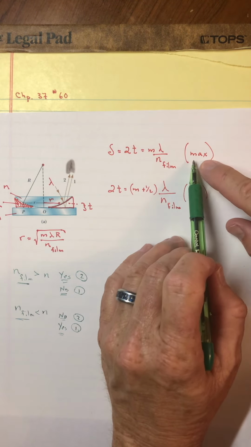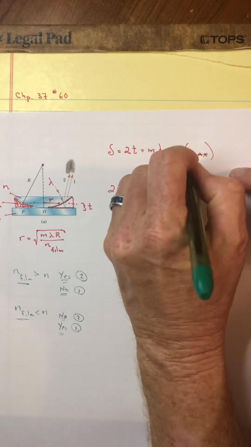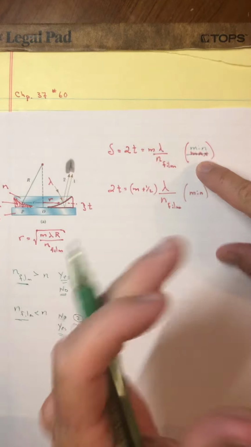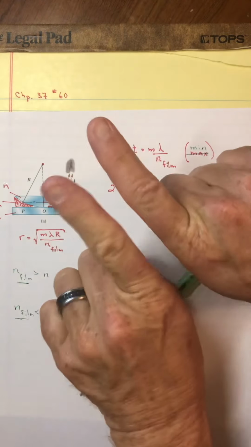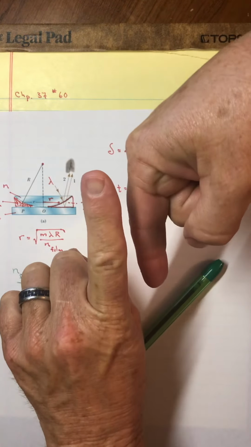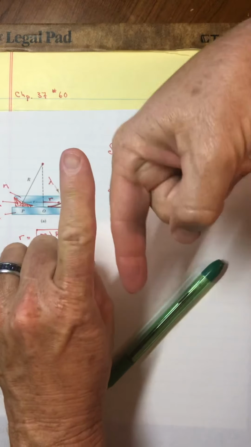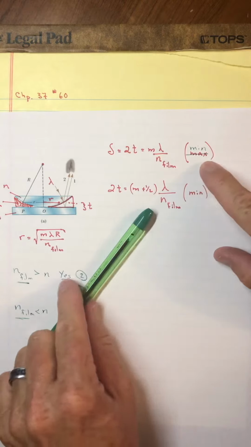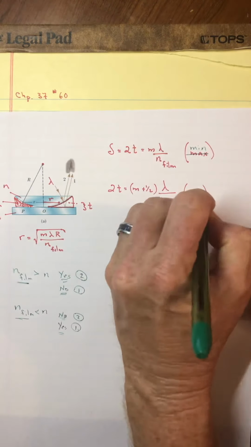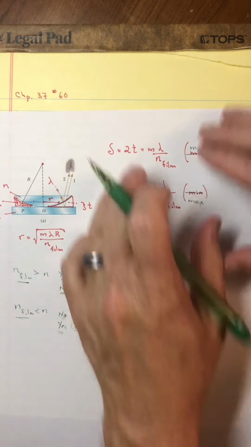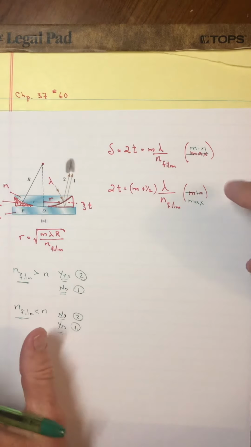But because one undergoes a phase shift and the other doesn't, they would not meet up with maximums matching maximums, but one would shift and a crest would meet up with a trough. And you wouldn't get bright, you would get dark. And the same thing could be said here. So that extra phase shift reverses the roles of these.